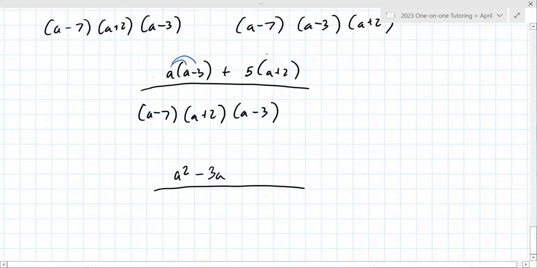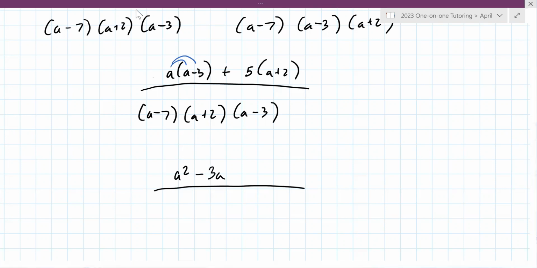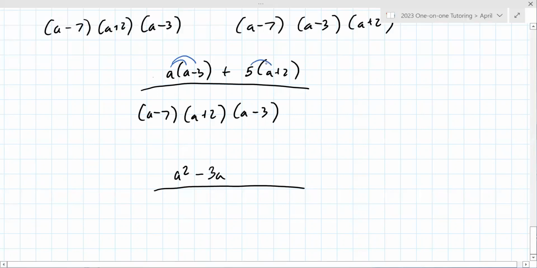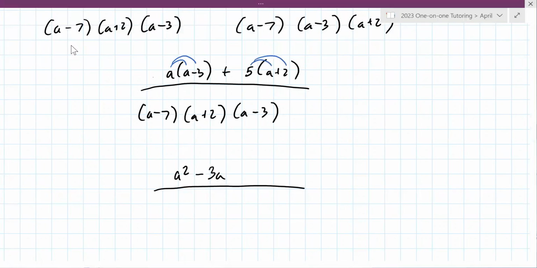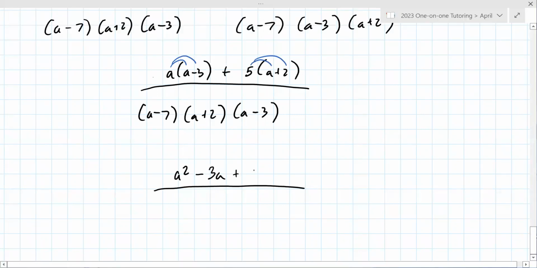Yes. And then on the right here, when you take this 5 on the outside and multiply in, what does that become? 5a plus 10. Good. And the bottom stays the same.